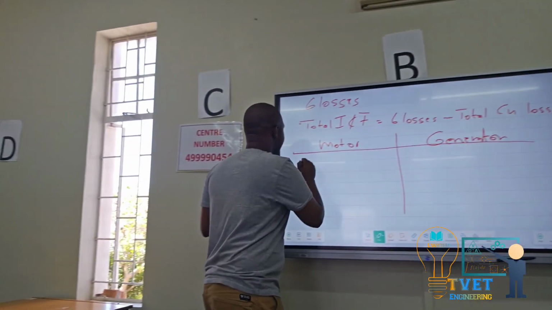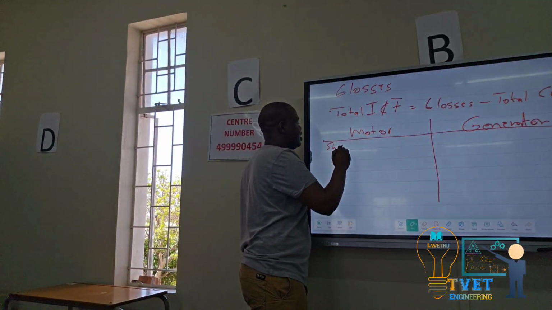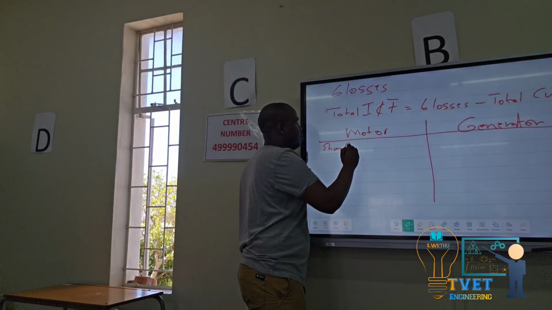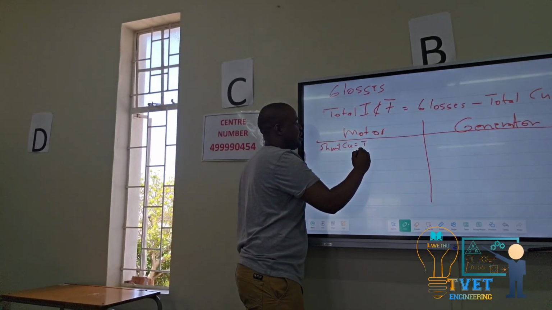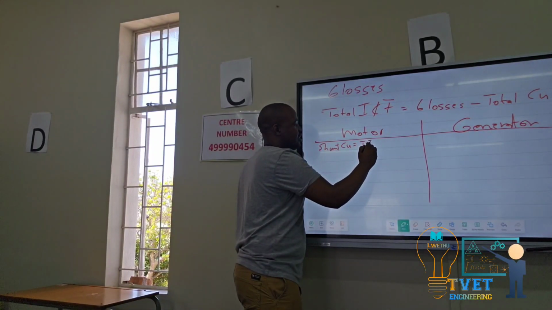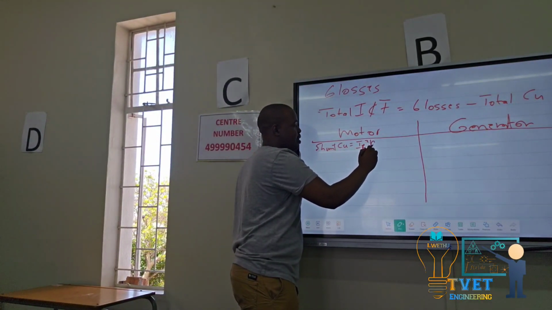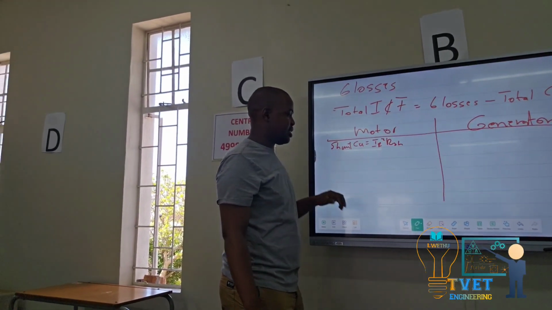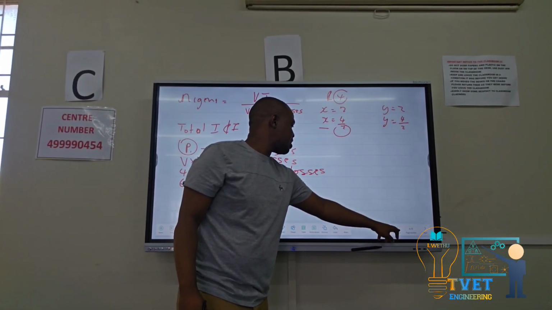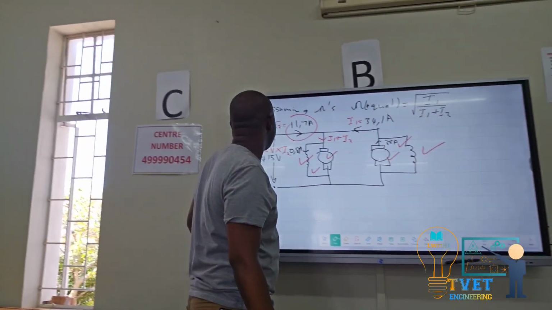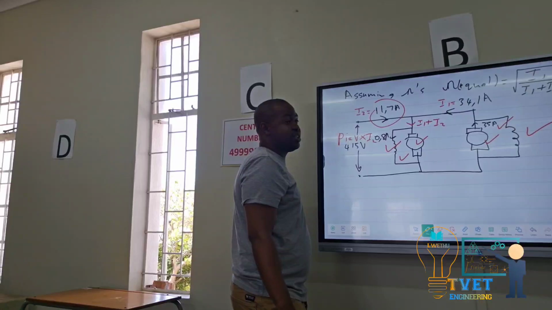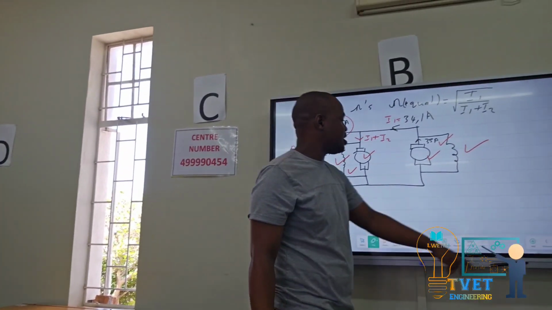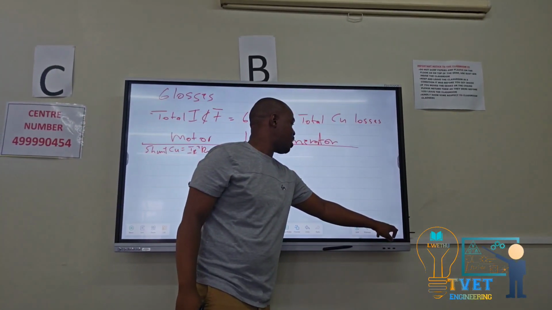So shunt copper loss of your motor is going to be the field current of your motor, then the shunt resistance. Now the shunt resistance.